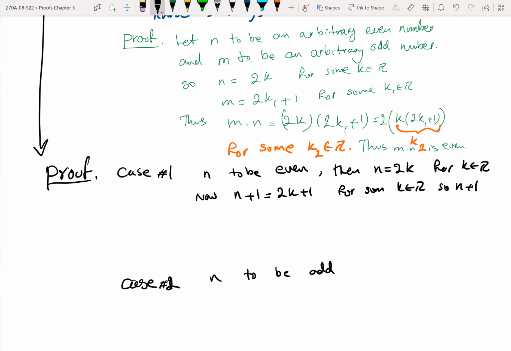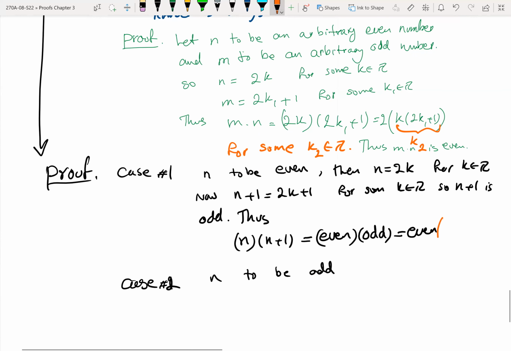So n plus 1 is odd. Thus, the product of these two consecutive integers is going to be one even times one odd, and it's going to be even by the previous lemma. I'm going to write by lemma.